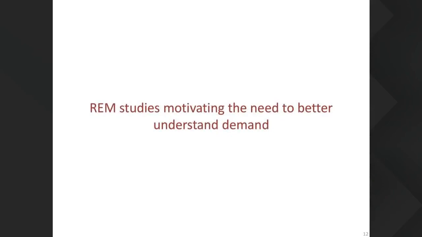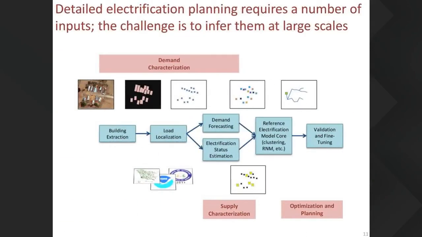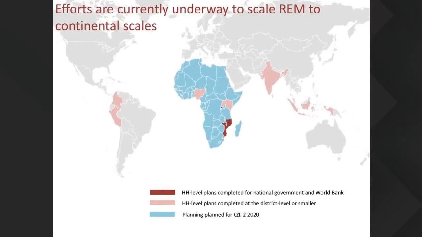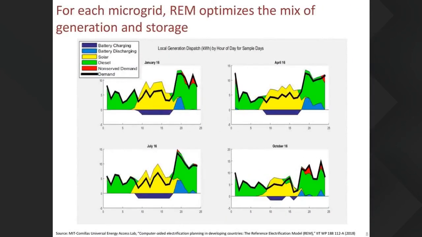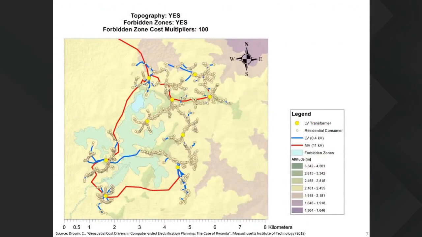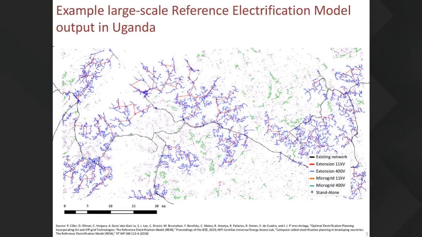What does it use? So currently, this model doesn't do upstream reinforcements, but rather it takes in some sort of existing network. So you have information on the existing medium voltage lines or the existing low voltage lines, and you essentially have some sort of cost for electricity that currently exists on that network.